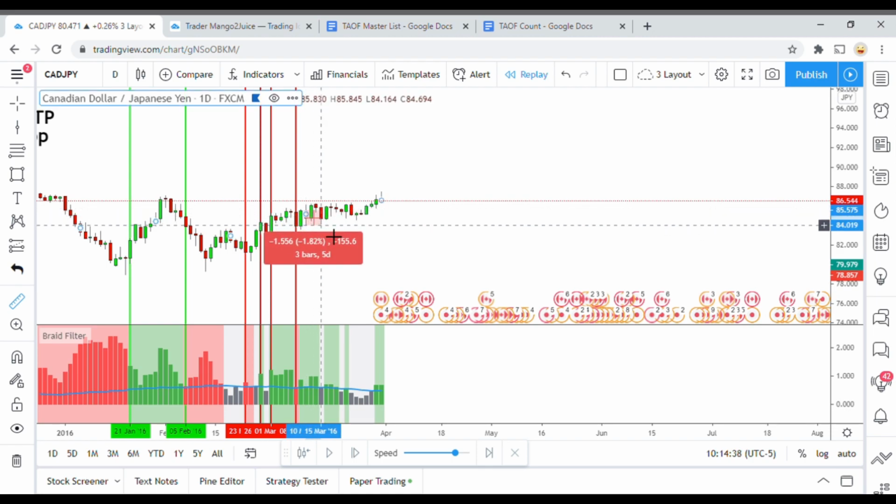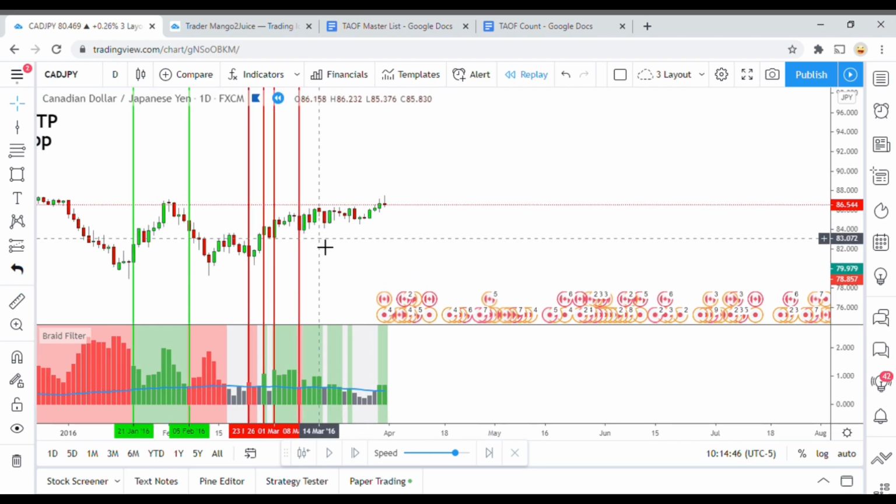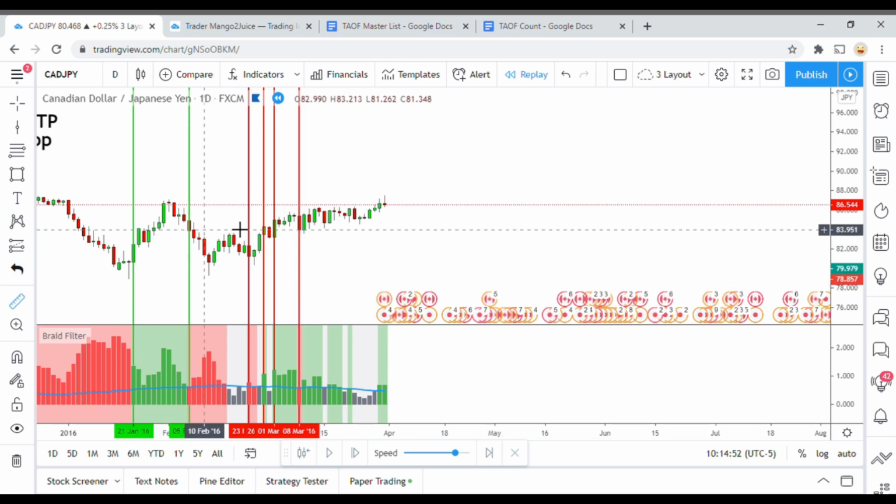Let's see if it came down and stopped us out. It did right there.